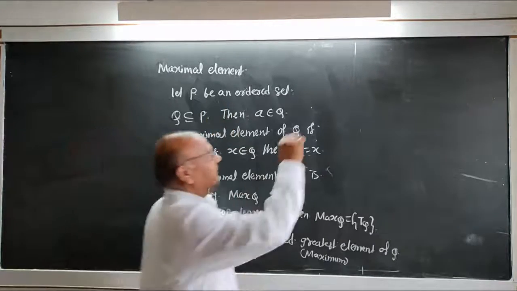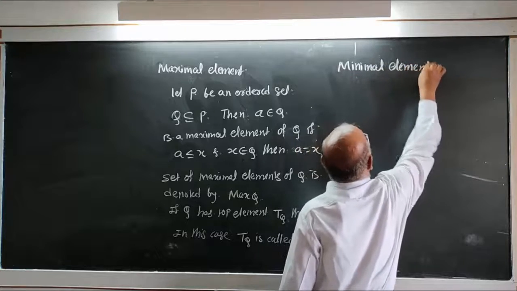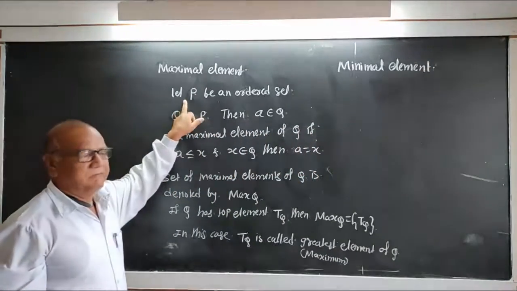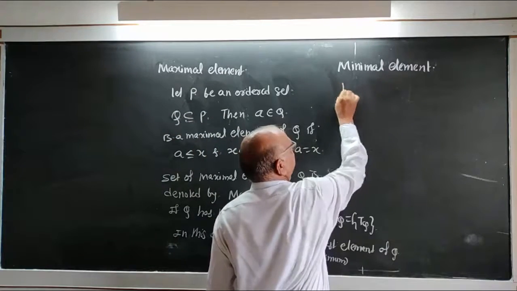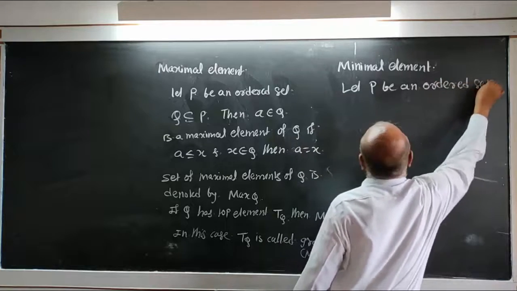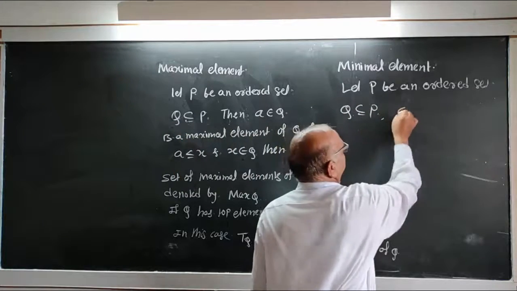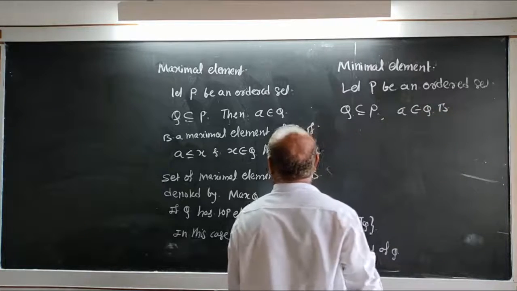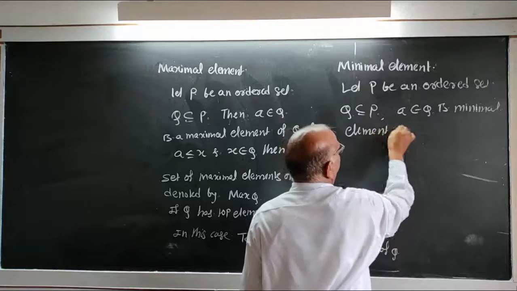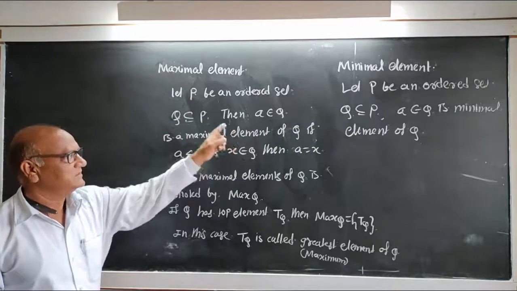By duality, minimal element. By the duality principle, let P be an order set, Q is a subset of P, A belongs to Q is a minimal element of Q. Take the dual statement of this statement.